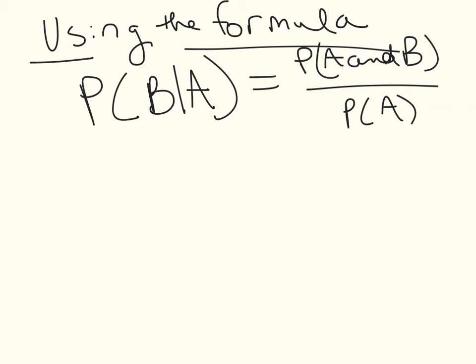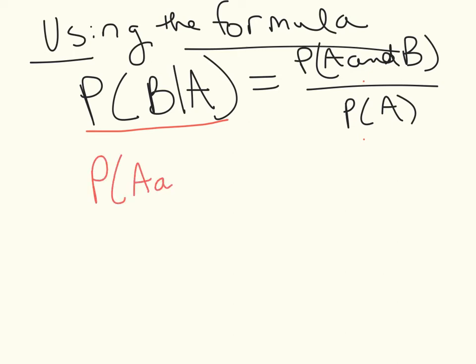So then we want to look at a situation where we might want to use the formula. Again, as a reminder from before, the probability of B given A is the probability of A and B over A. So this is just the same as the formula we just used.